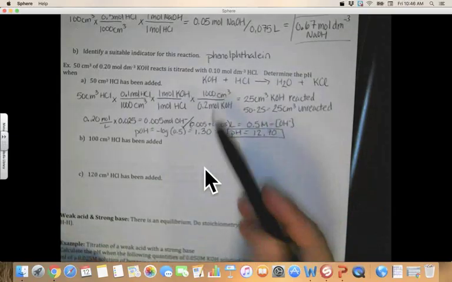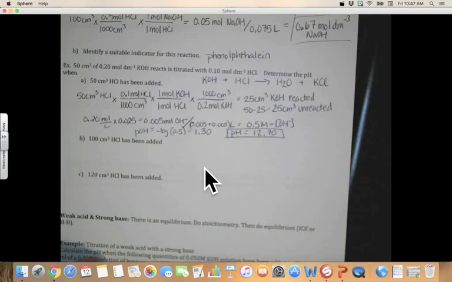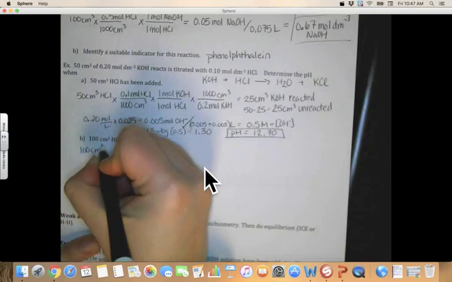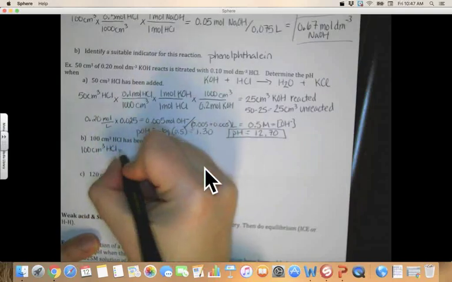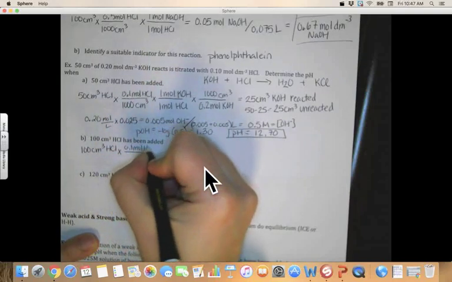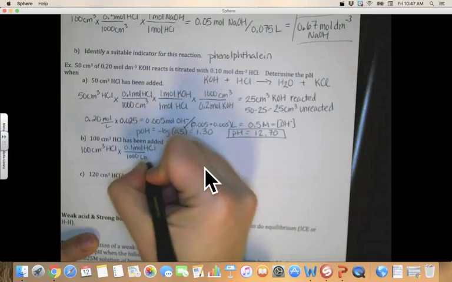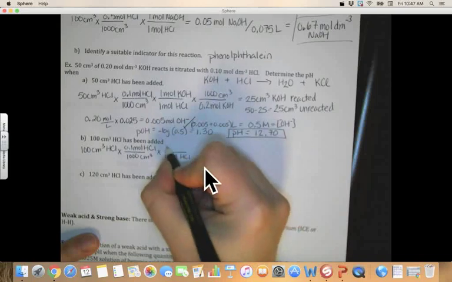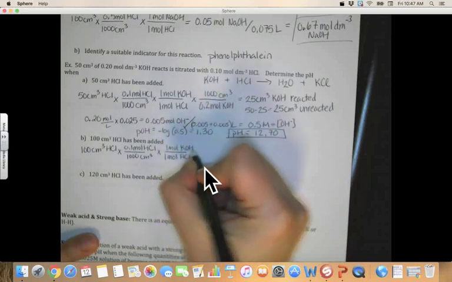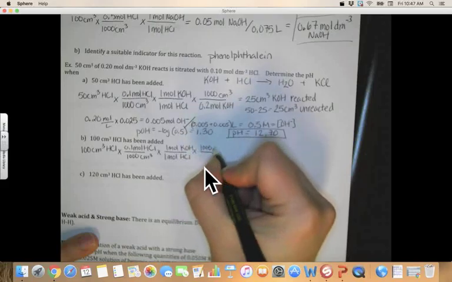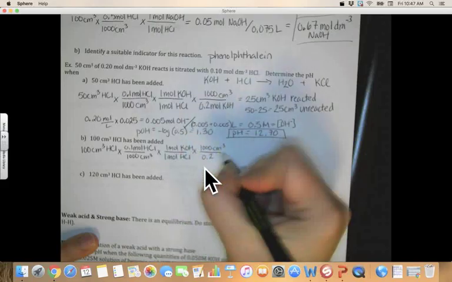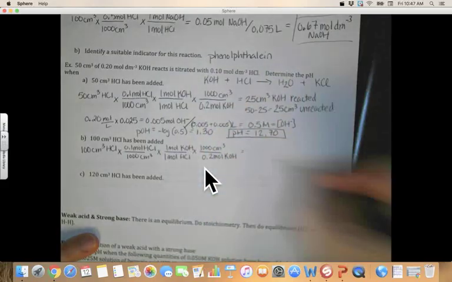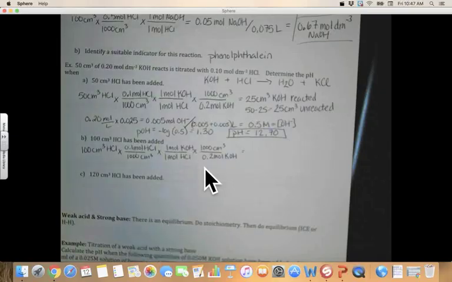Alright, let's do this when 100 cubic centimeters of hydrochloric acid has been added. So I'm going to do the same first step. I'm finding my moles of hydrochloric acid. I'm going to do my mole ratio. And what I'm calculating here is how much potassium hydroxide has reacted.